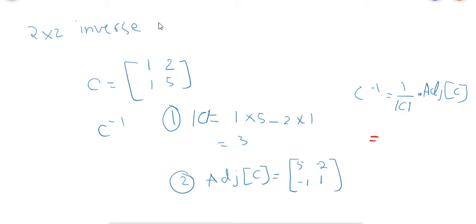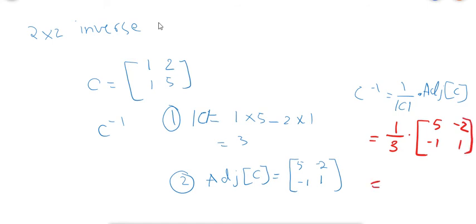So this will be 1 over 3 multiplied by [5, minus 2; minus 1, 1].